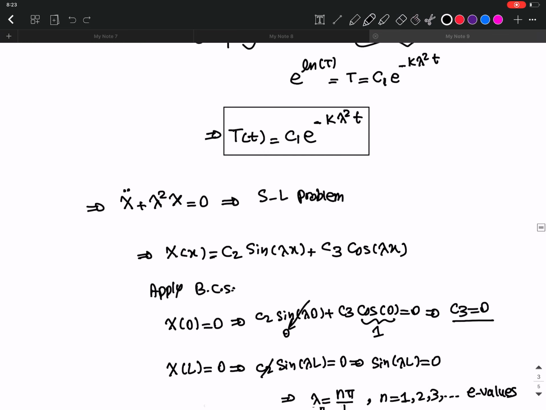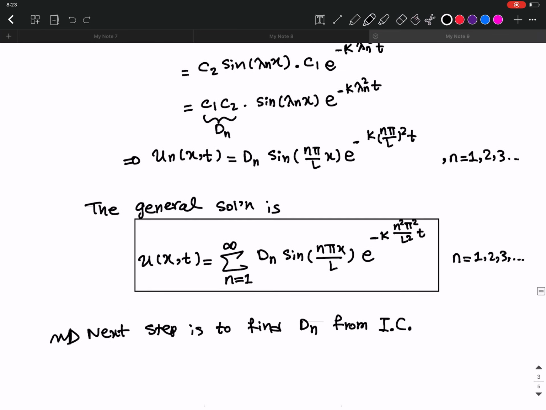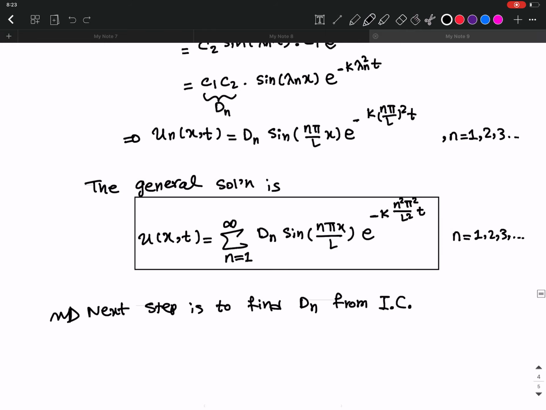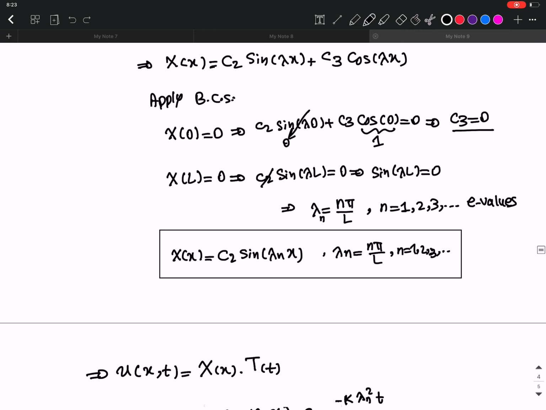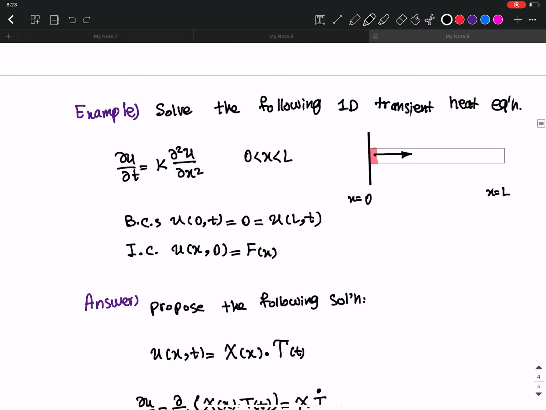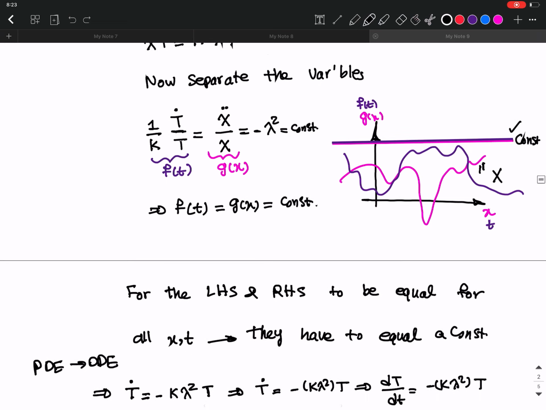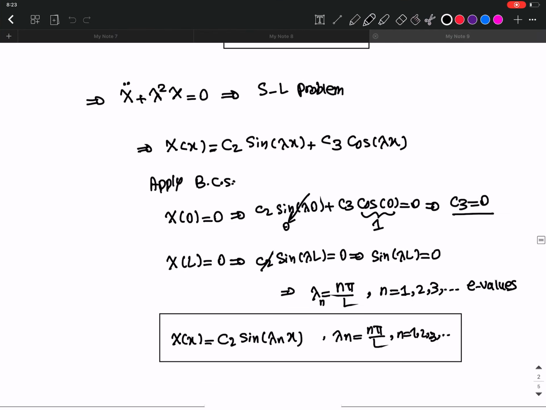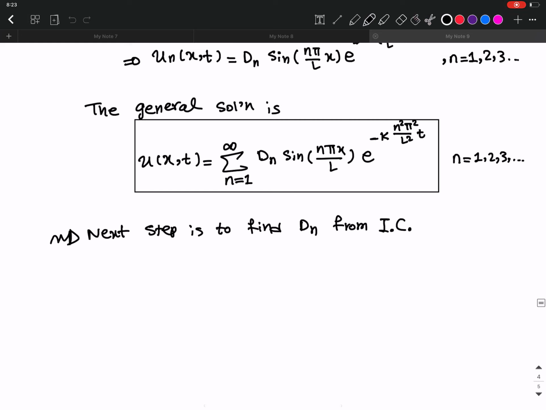We have used the boundary conditions to find these c2 and c3. And now, in order to find d_n here, we have not used the initial condition yet, so we have to use it. The initial condition of the problem was given as this: u(x) at time equals 0 equals f(x). So I'm going to write this down. So u(x, 0) is going to be f(x). So this is the initial condition that I have.